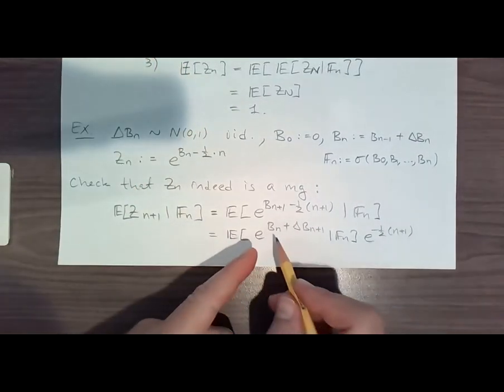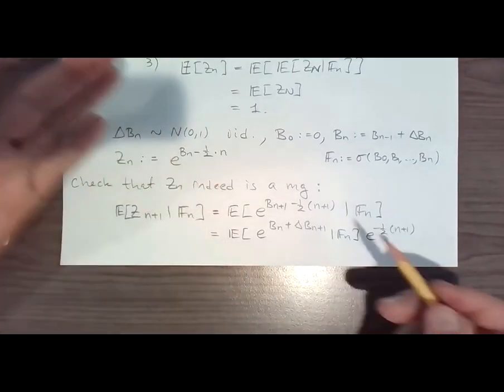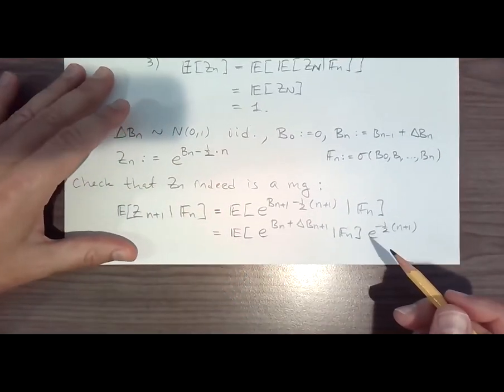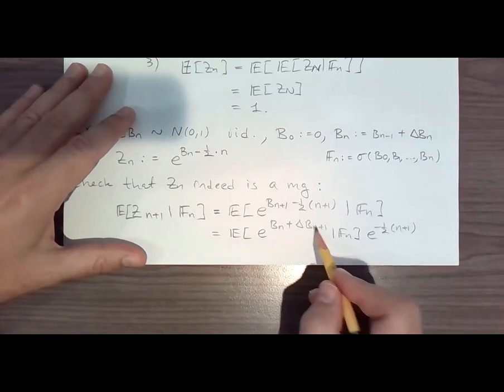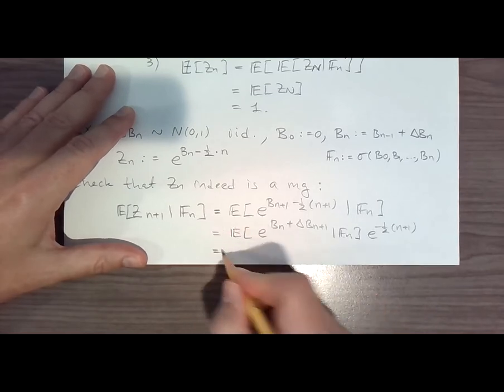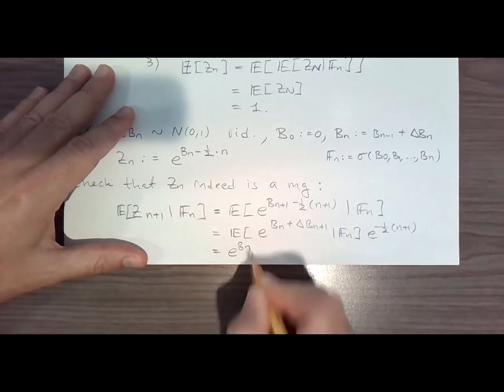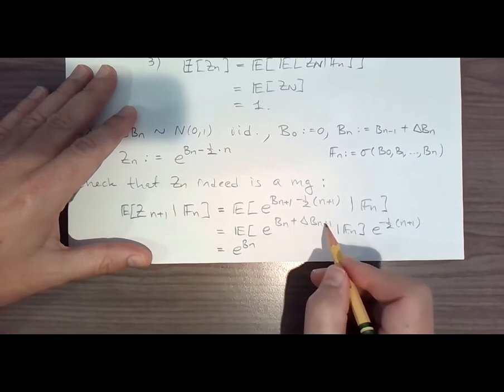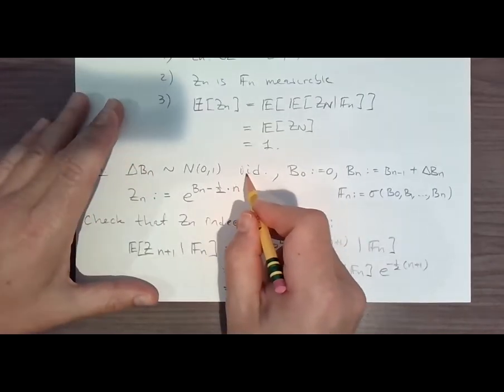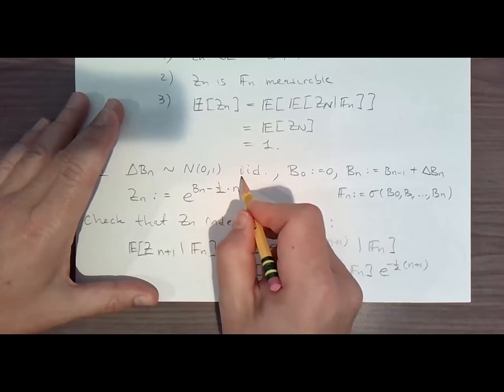Now what I have here is this very familiar situation that many of you also had in the midterm. This is measurable, and this one here is independent. So you take out the thing that's measurable, e to the Bn, and then what is left inside is e to the delta Bn plus 1, but this was given to be independent.